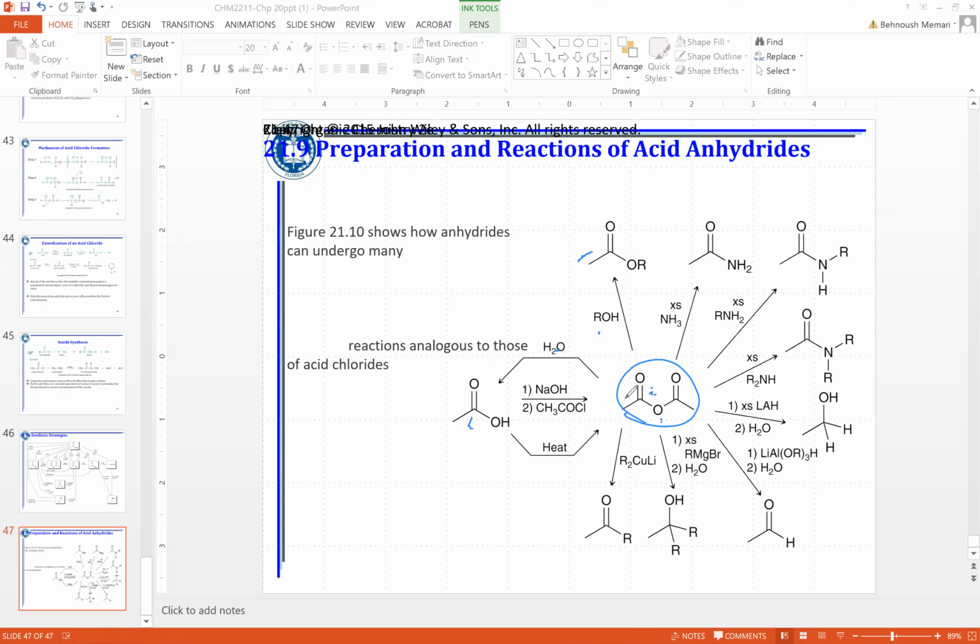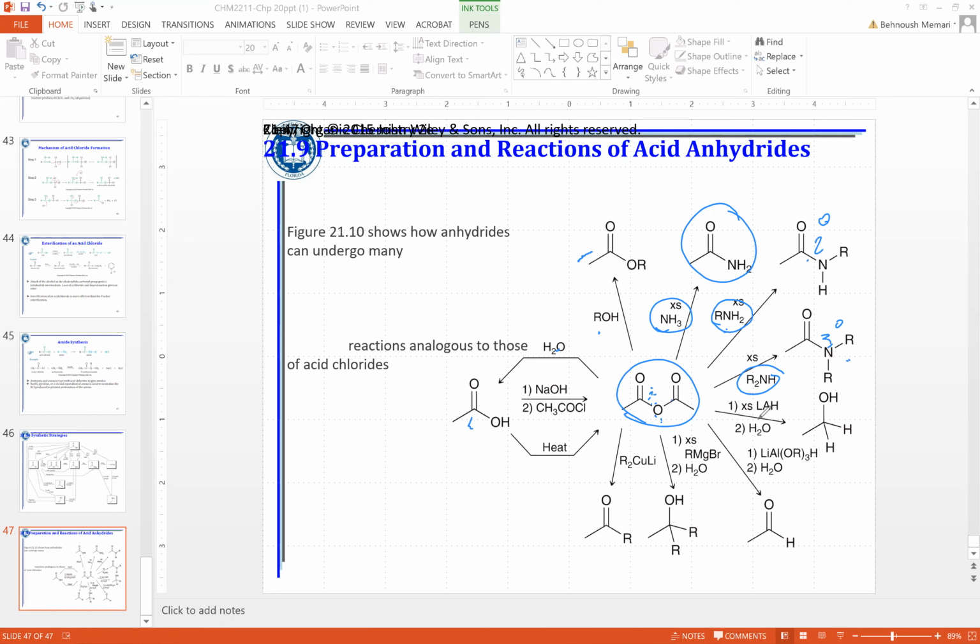Acid anhydride plus ammonia gives you primary amide. Acid anhydride plus primary amine will give you secondary amide. Acid anhydride plus secondary amine would give you tertiary amide.